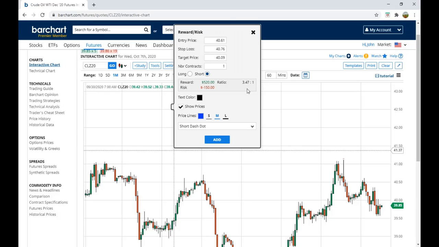So let's think about this. I'm coming in at an entry of 40.61, and my target is 40.09. Well, that's 52 cents. Our ATR was $1.65. So 50 cents is less than a third of our ATR.